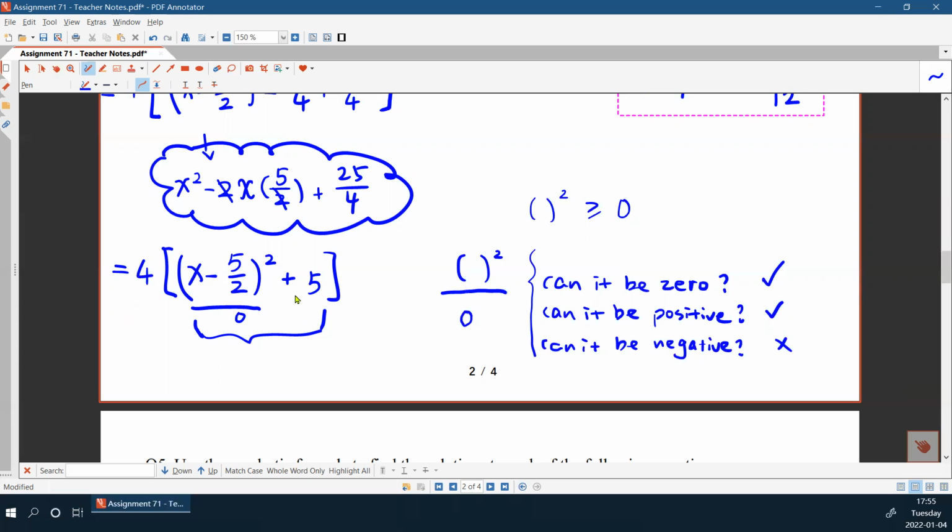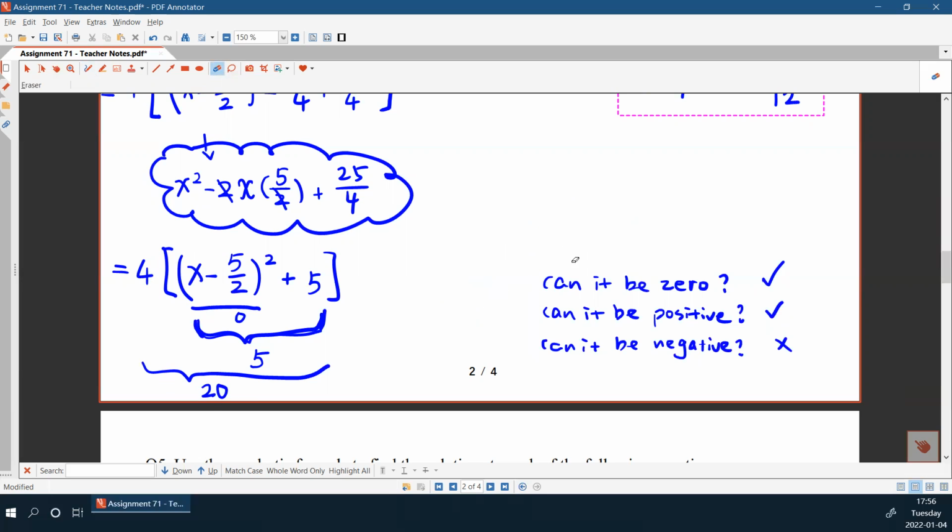If the first part is 0, plus 5, of course, the smallest possible value of the expression here is 5, right? And last, let's consider the whole expression. If the smallest possible value of the expression in the brackets is 5, what is the smallest possible value of the whole expression? You answer that. This time it should be 20, right? Yes. This is the logic behind this question.